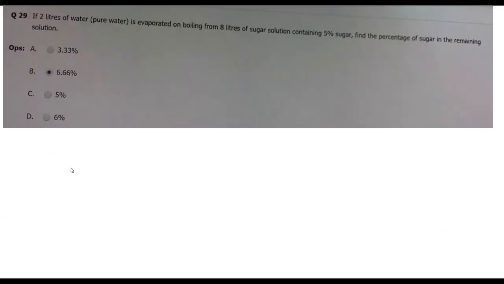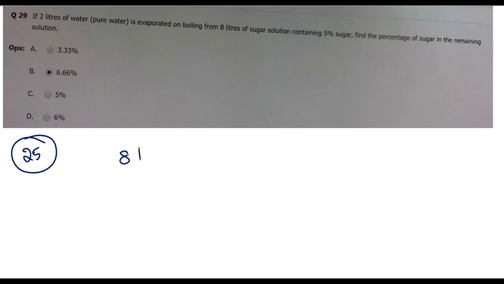Yeah. Now here is 25. 2 liters of water is evaporated on boiling from 8 liters of sugar solution containing 5% sugar. The percentage of sugar in the remaining is what?